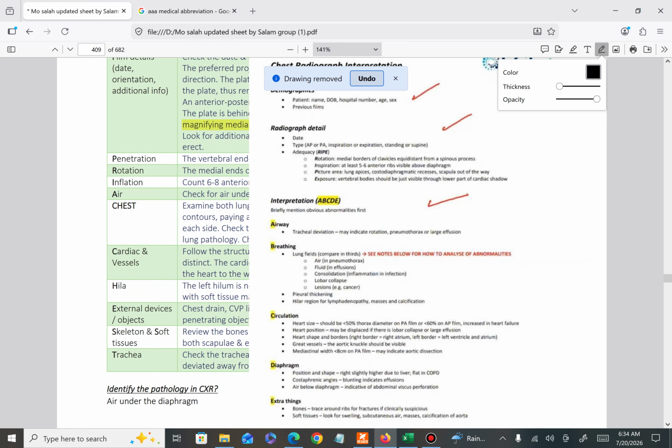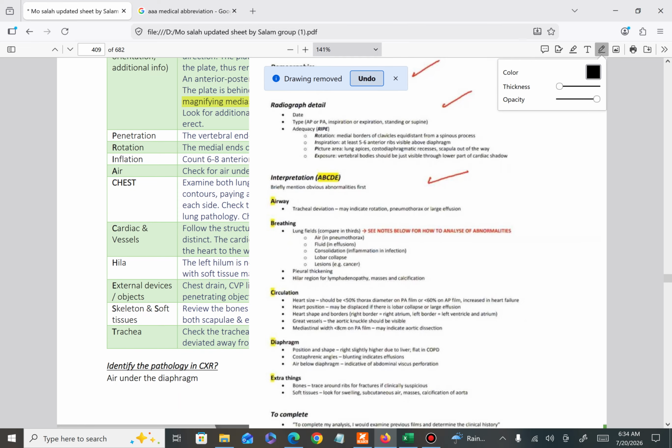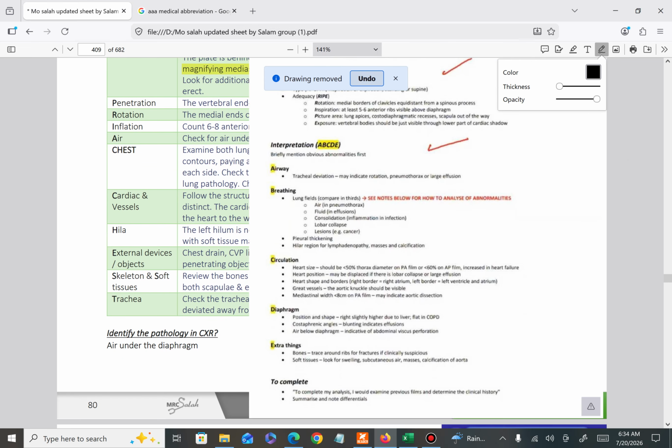Then we interpret. We comment on the airway and any tracheal deviation. If there is tracheal deviation, it may indicate pneumothorax, large effusions or rotation. Then breathing: we look at the lung fields for air, fluid, consolidation, lobar collapse or any lesion.